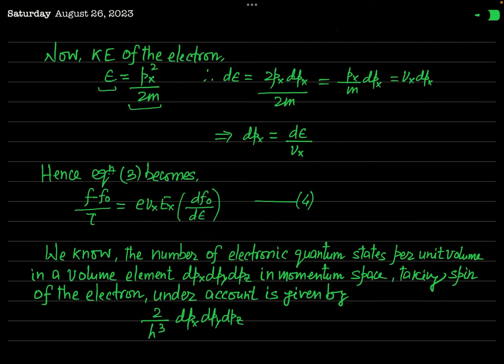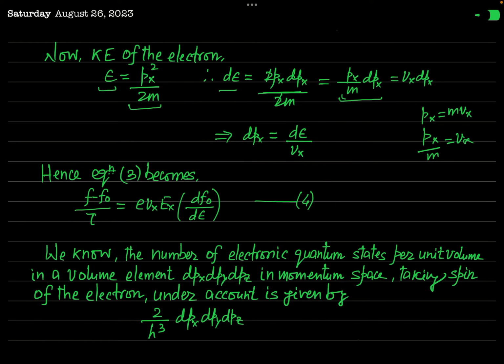And therefore, if you take the differential, you will have d epsilon equal to 2px dpx over 2m. Now this 2 and this 2 will cancel out, and so this is simply px over m dpx. But you know, px is equal to m vx, and so px over m will be simply equal to vx.